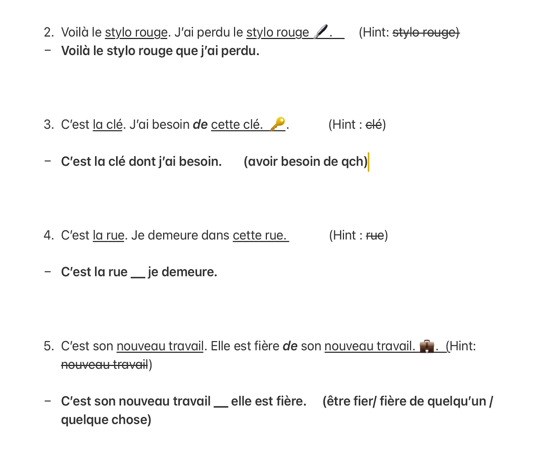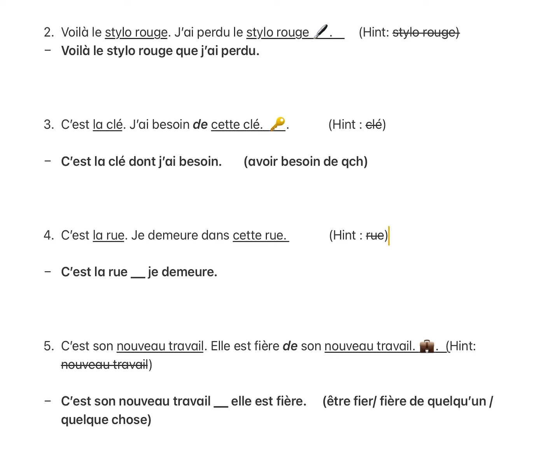The fourth sentence, c'est la rue, it's the street. Je demeure dans cette rue. I live on this street. C'est la rue blank je demeure. The repeated word in both these sentences is rue.